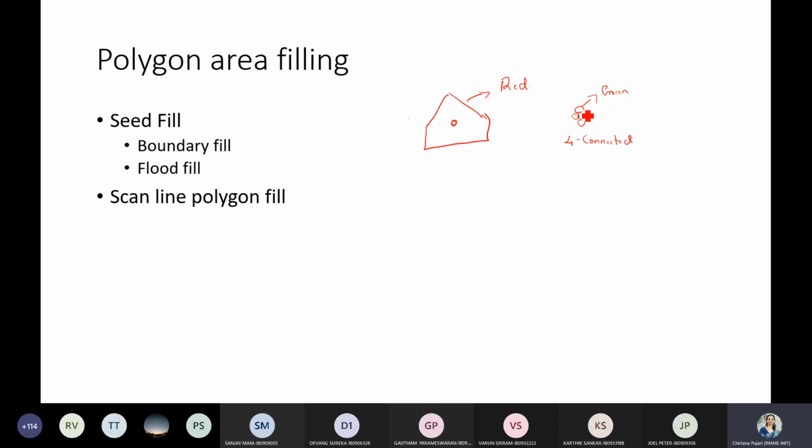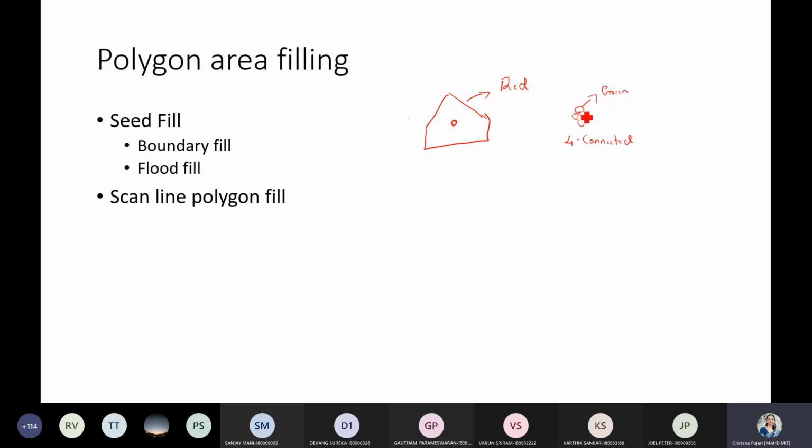Here you are going to increment your y value, x remains the same, color that pixel. Here you are going to decrement the y value, x remains the same, color the pixel. In this case, y remains constant, decrement the x value, color the pixel, increment the x value, color the pixel. So in this way, you have colored around 5 pixels.